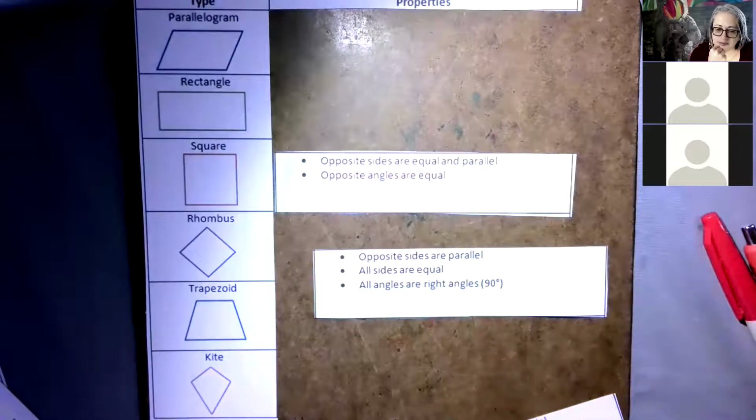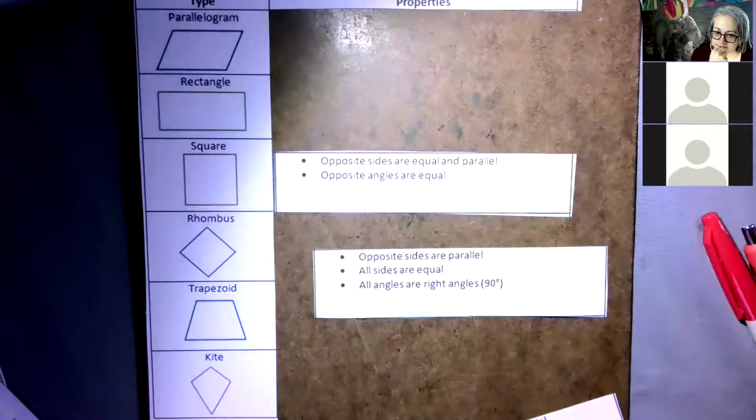Okay, opposite sides are parallel. All sides are equal and all angles are right angles. Rhombus.